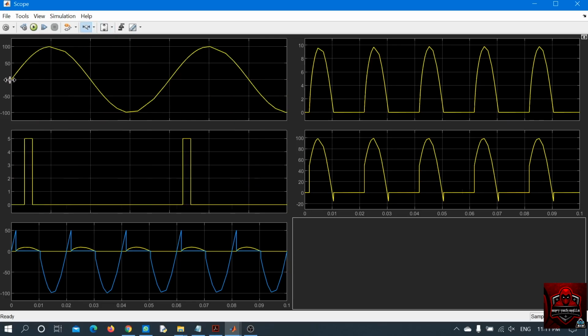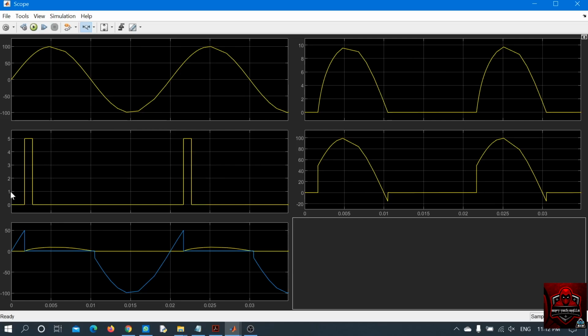From here to here, this is the 30 degrees, after which I am giving the gate pulse and triggering the thyristor. Before that, the voltage appears across my thyristor, and this is the output current waveform, which increases gradually and decreases gradually due to inductance.